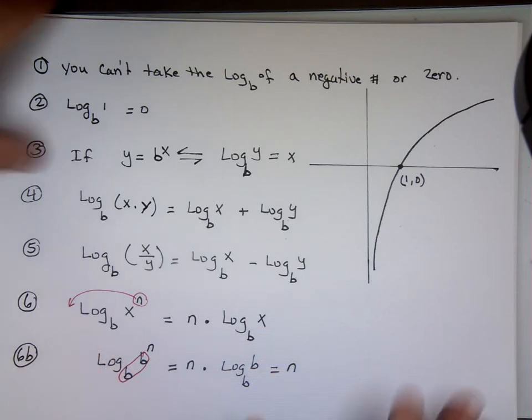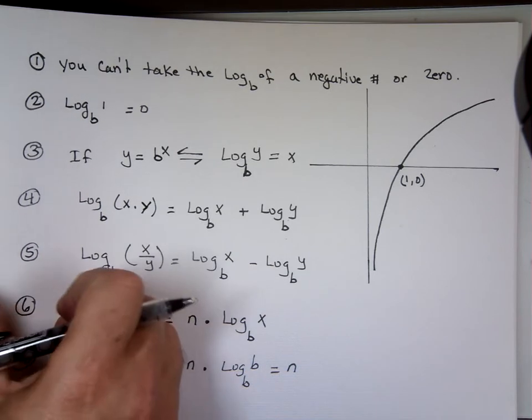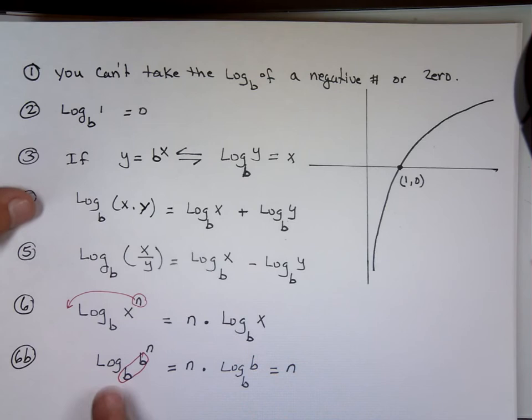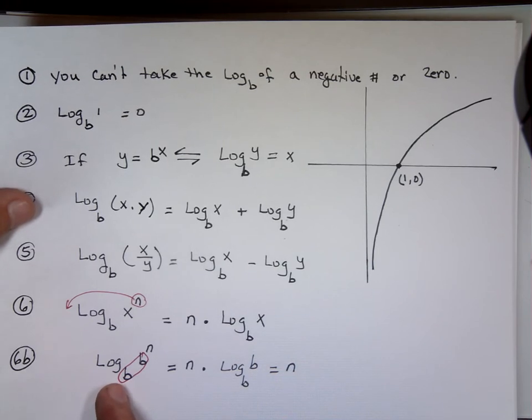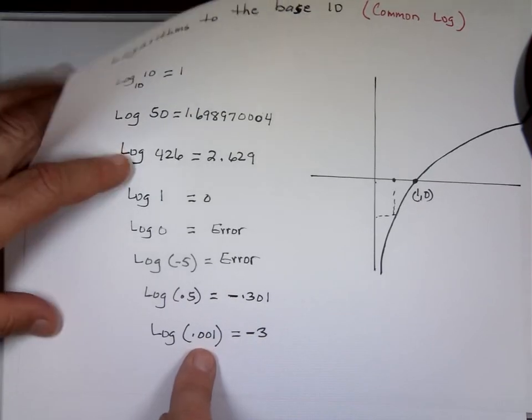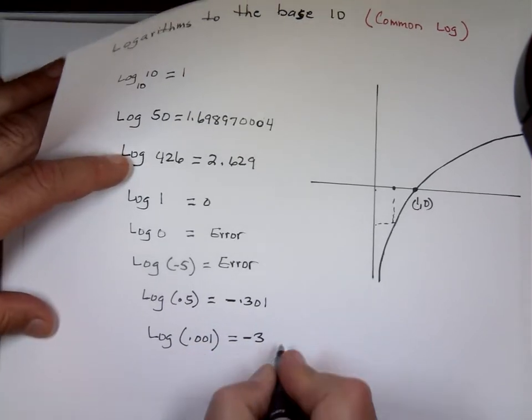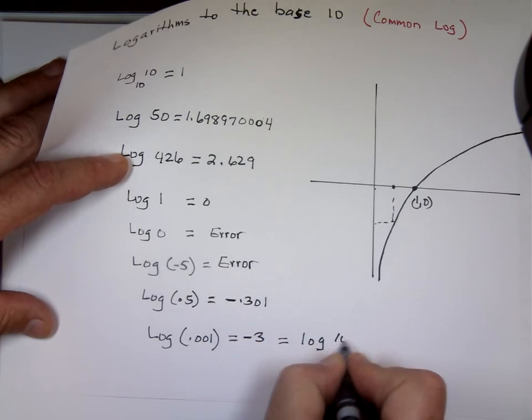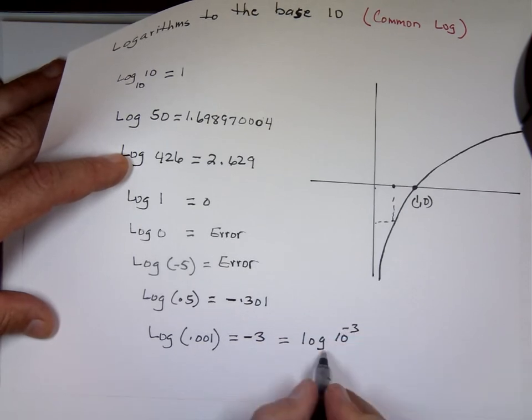So that's why I knew, when I was playing with the properties here, with these numbers, that the answer is -3. Why? Because I know this number is 10 to the power of -3, and I know the base is 10.